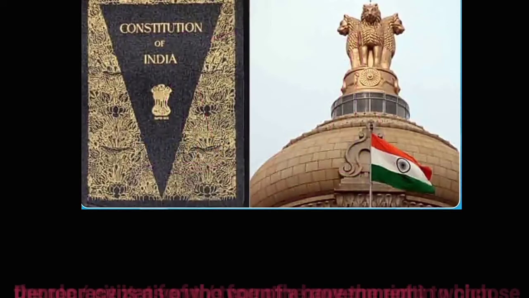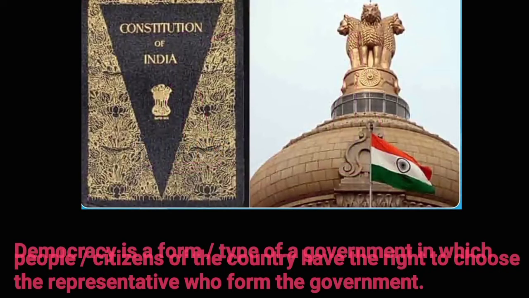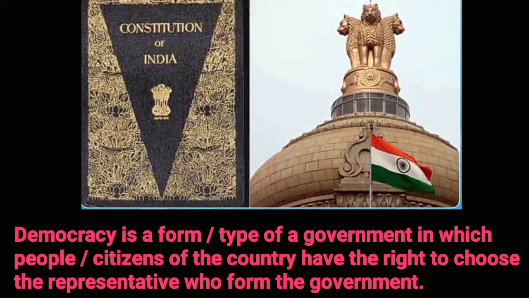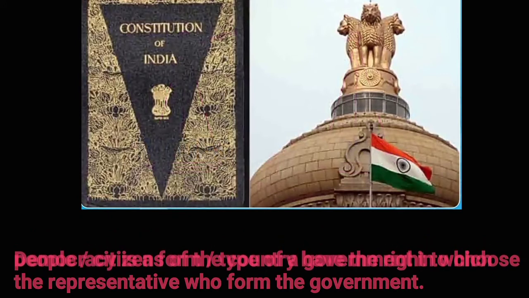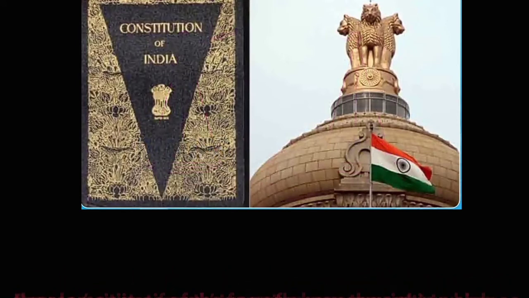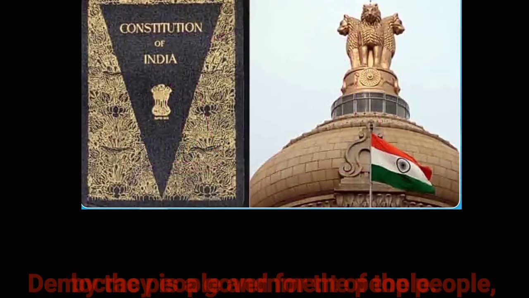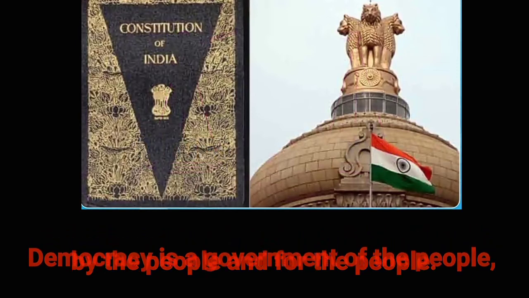Democracy is a form or type of government in which people or the citizens of the country have the right to choose the representatives who form the government. Democracy is a government of the people, by the people, and for the people.